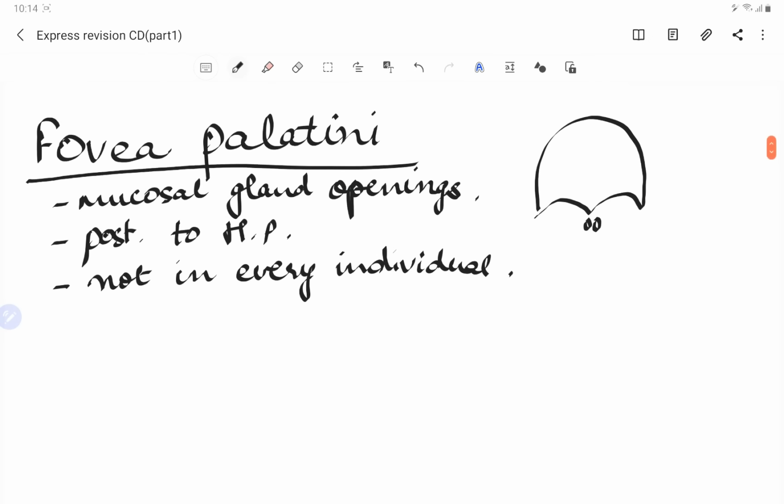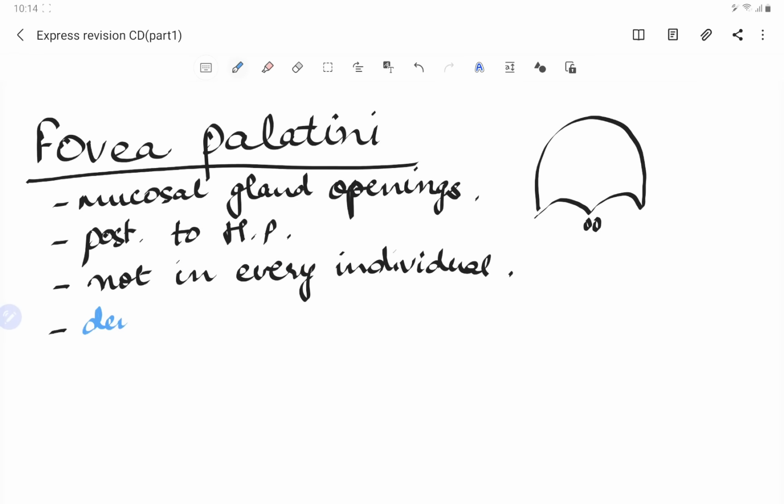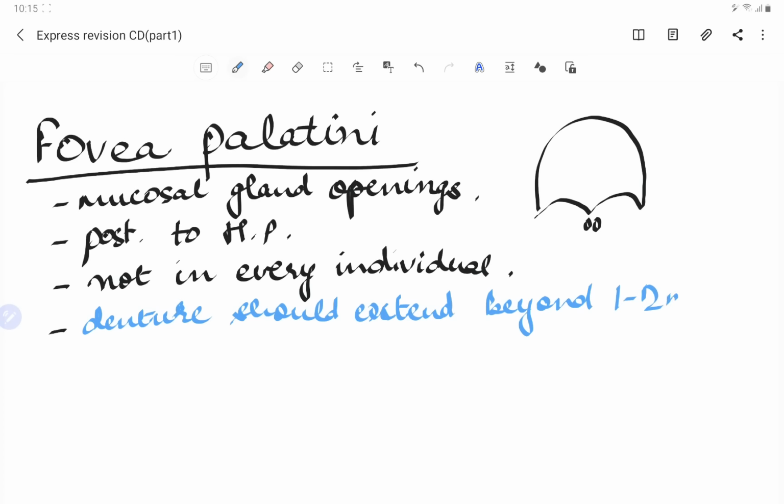And denture should extend beyond the fovea palatini by 1 to 2 millimeters.